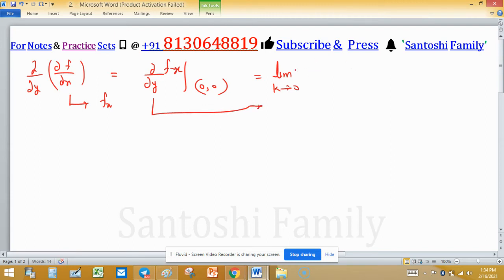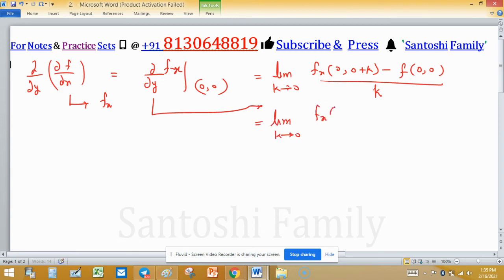You can take h here also, but remember the coordinate, either change in x or change in y. So we will take the change with respect to y: fx(0, 0+k) minus fx(0,0) divided by k, and this equals the limit as k tends to 0 of [fx(0,k) minus fx(0,0)] divided by k. Now call this equation 2.